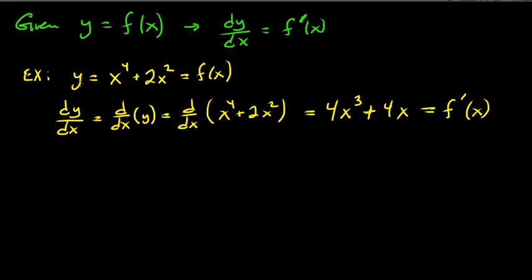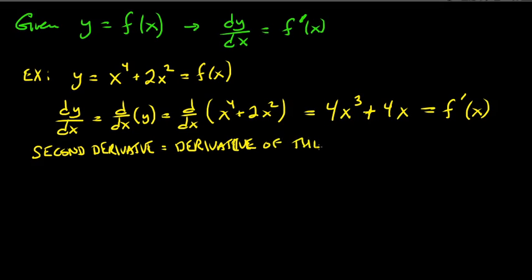There is something called the second derivative. The second derivative is just the derivative of the derivative. So we took the derivative already. We can now take the derivative again.